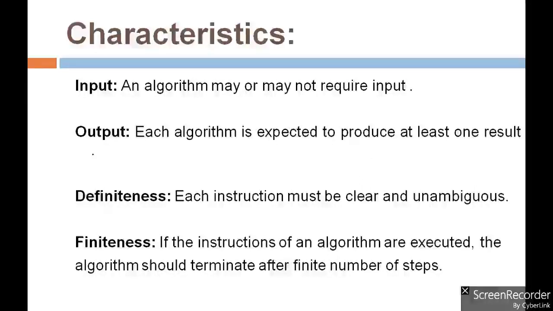Finiteness means if the instructions of an algorithm are executed, the algorithm should terminate after a finite number of steps. That means there are some limitations that after performing these many steps, the algorithm generates some output. So that is known as finiteness of an algorithm. So these four are the most important characteristics while we are developing algorithms.